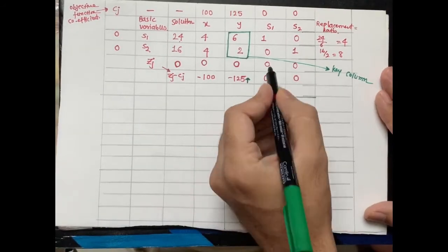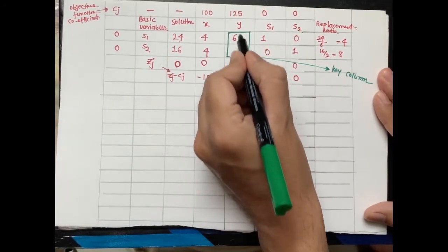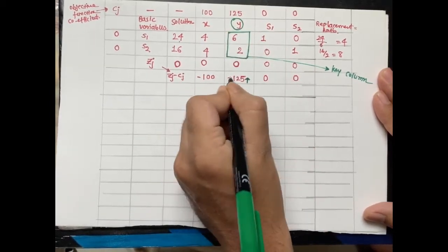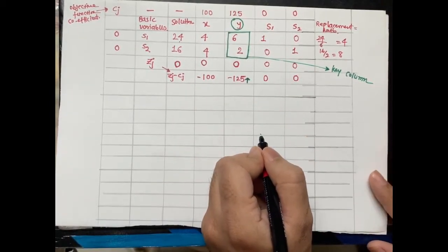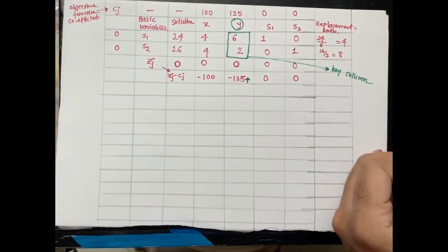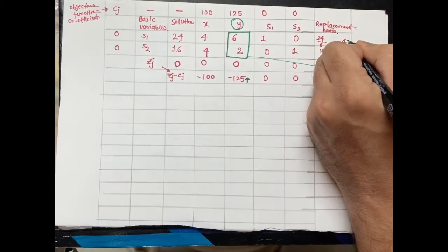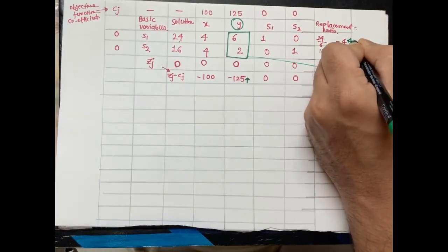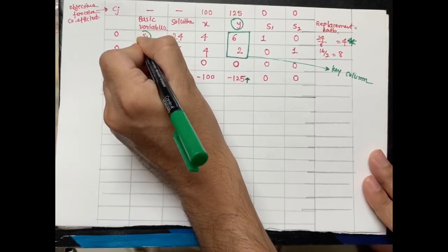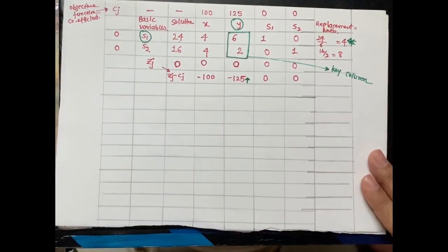So as the key column indicated that the y variable is incoming, it has the lowest value of Zj minus Cj. The lowest value of replacement ratio will indicate that corresponding to this particular row, this variable will be considered as an outgoing variable.